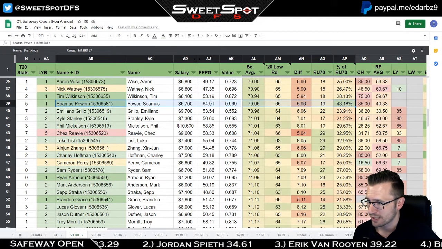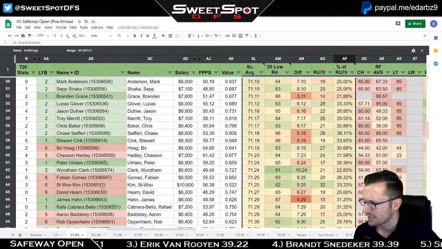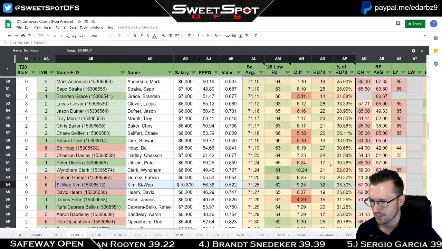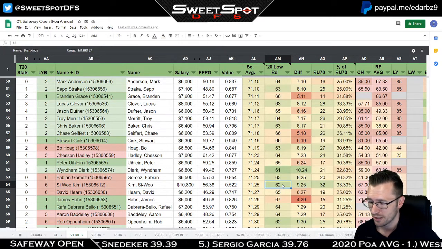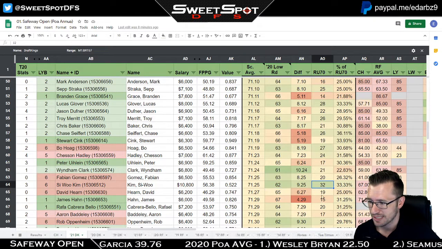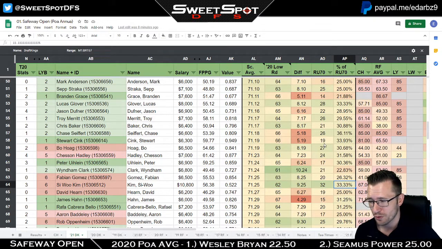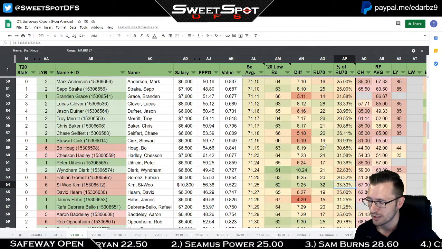Seamus Power, that's kind of interesting. Well, I guess we'll go through each column. Siwoo Kim is down here. That should come as no surprise. That differential is really high. His lowest round is pretty good. Rounds under 70, that is actually a high number, and 33.33% of rounds under 70 is high as well.